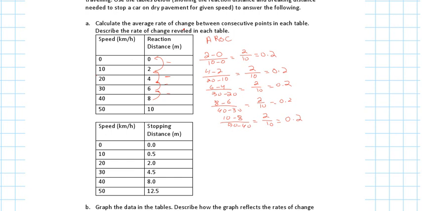So it's a constant rate of change, so the reaction distance increases by 0.2 meter for every 1 kilometer per hour increase. Increases by 2.